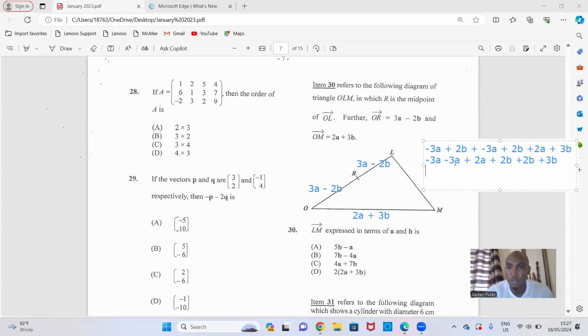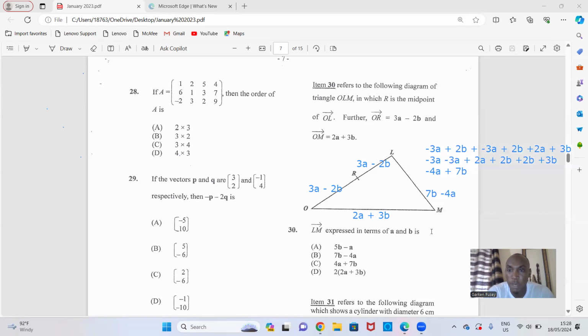Negative 3 and negative 3 in all is negative 6, then plus 2. So negative 6A plus 2A gives you minus 4A. And then 2 plus 2, that's 4, plus 3, that's 7, plus 7B. So let's write the positive term first. 7B is positive, and 4A is minus, so minus 4A. So if we compare our answer, we'll see that B is our answer, 7B minus 4A.